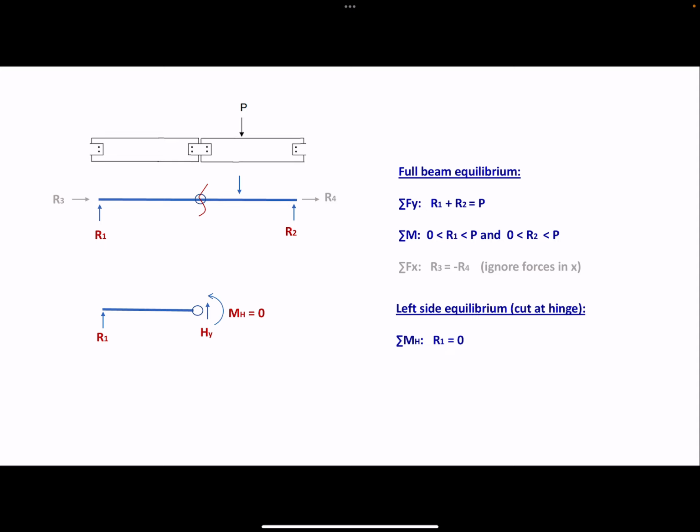Because this moment is 0 when we sum moments about the hinge, this has to be 0. But that's incompatible with what we found from the full beam equilibrium. We found that reaction R1 has to be greater than 0. Because that's an incompatible conclusion, it follows that this beam is unstable.